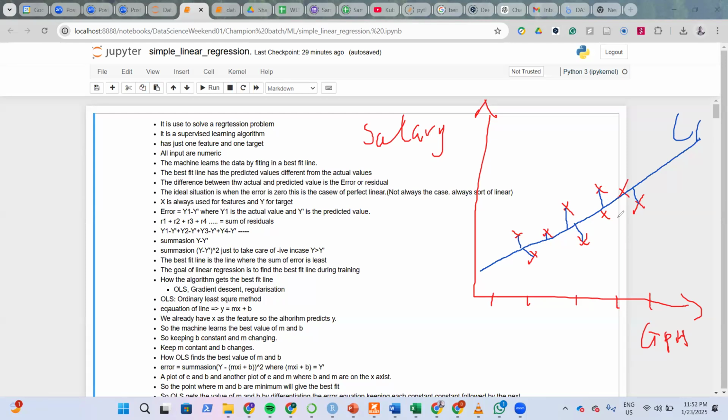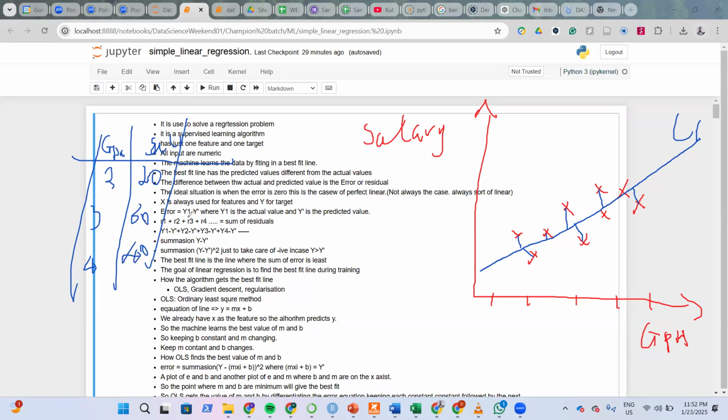Let me explain what this residual means. When you plot this point, you actually plotted real data. For example, on our table we had GPA here and salary here, right? GPA was 2, 3, and 4. Salary was 20,000, 30,000, and 40,000.